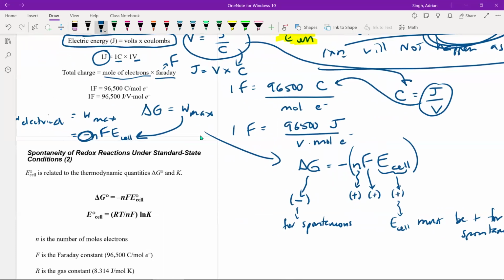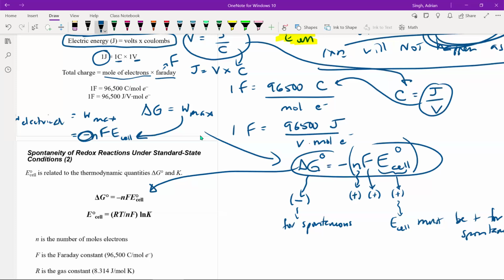Now, for reactions where the reactants and products are in their standard states, we can simply substitute the little degree sign that tells us the standard conditions, and we end up with our equation down here.